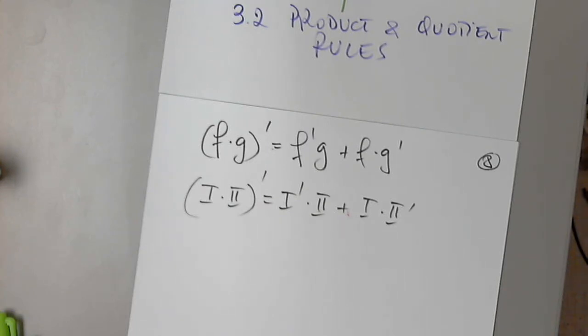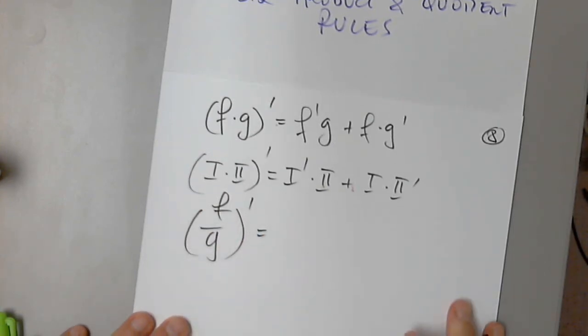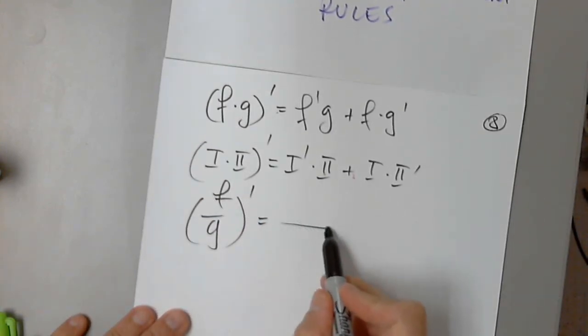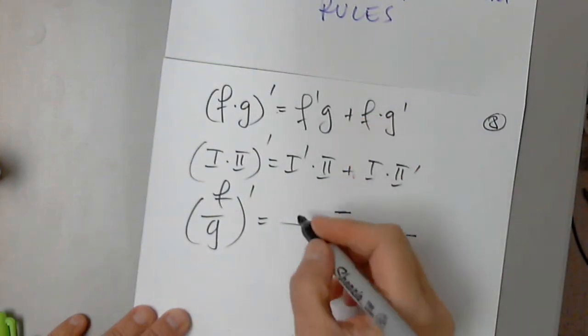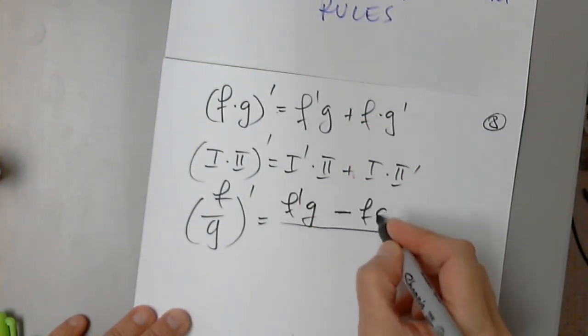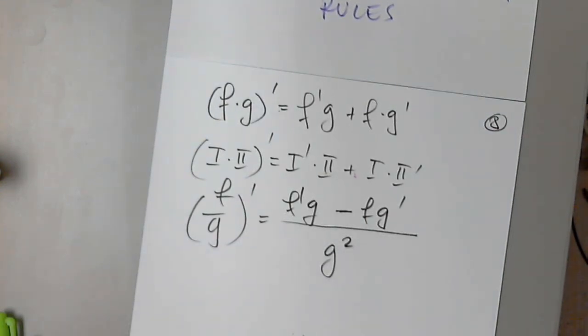Now, if we have a quotient, the numerator is the same but with minus in between, identical formula, f prime g minus f g prime. However, the denominator is squared.